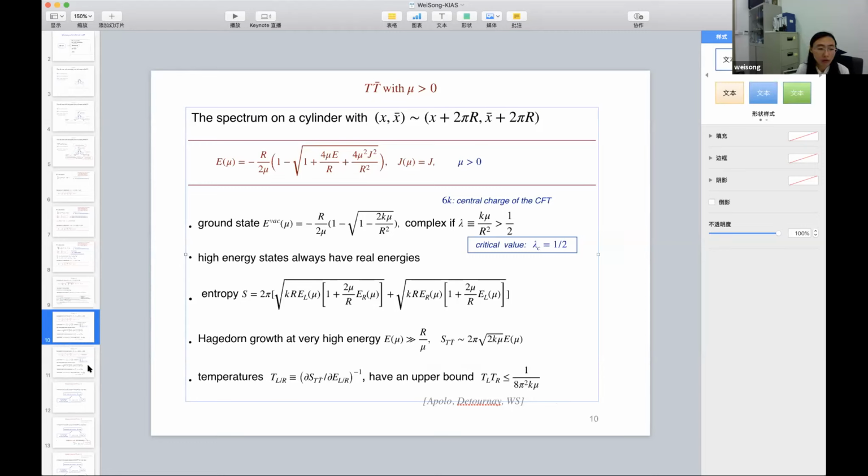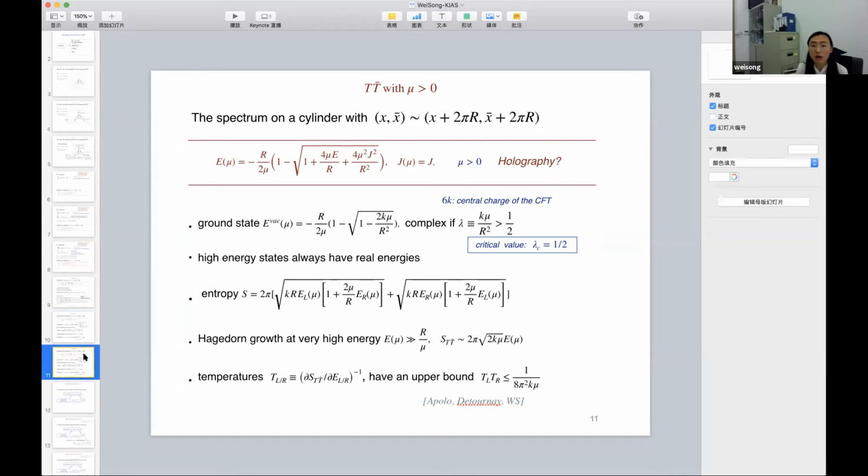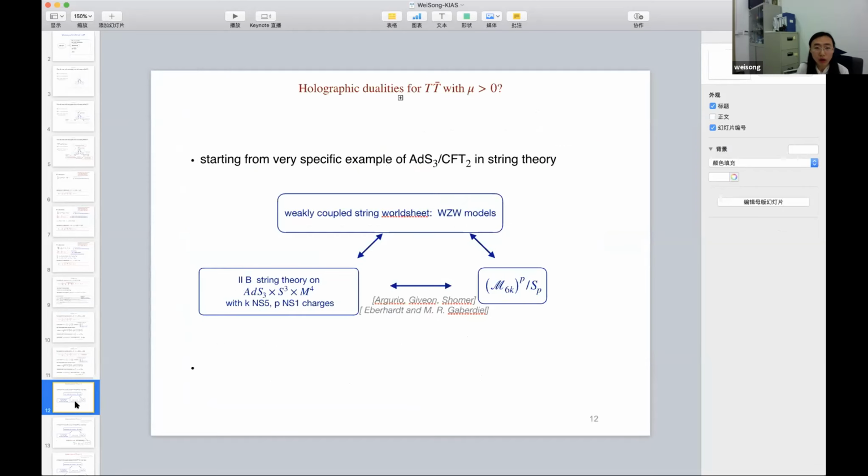Then one would ask, what would be the holographic dual with this choice of the sign? The proposal, as I mentioned, comes from string theory constructions. Let's consider type IIB string theory on AdS3 times S3 times some four-dimensional internal manifold.